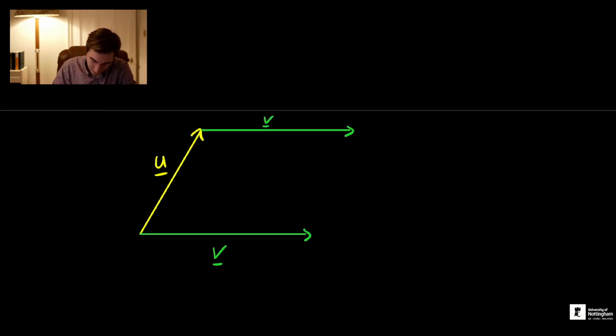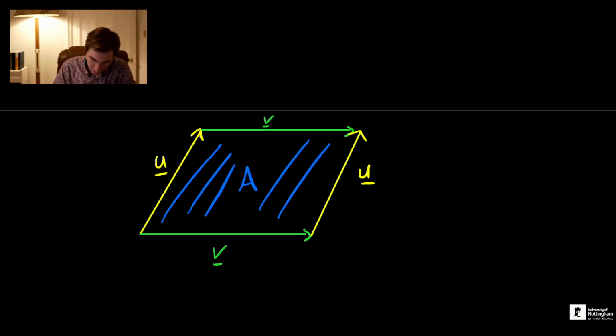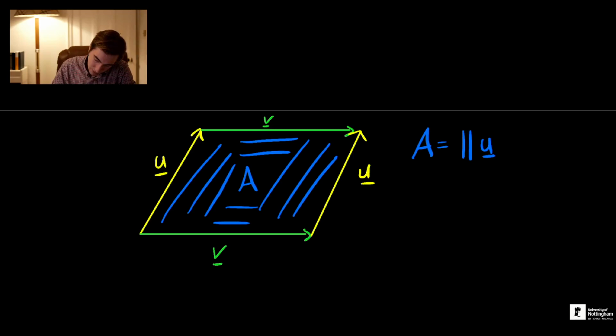And we also have our vector u here, which should really join up. Then in this region in the middle, I'll shade in blue, this A is equal to the norm of the vector product of u and v.